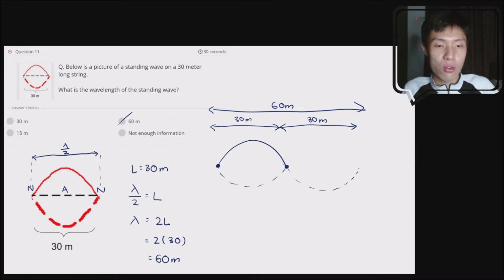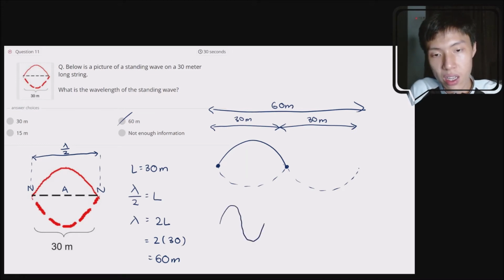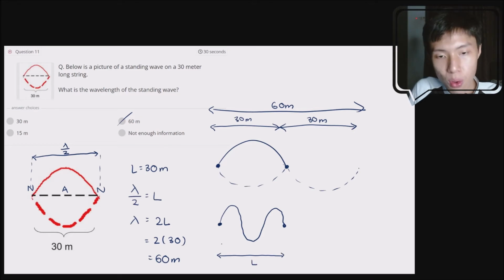Let's say you have another standing wave pattern that looks like this. Then this is the length of the string, right? Over here there's 1 lambda plus 0.5 lambda.